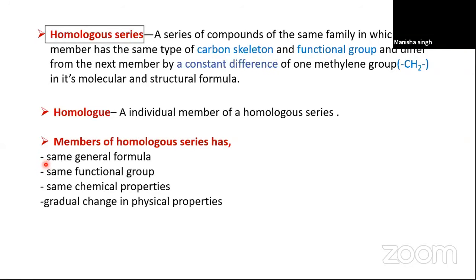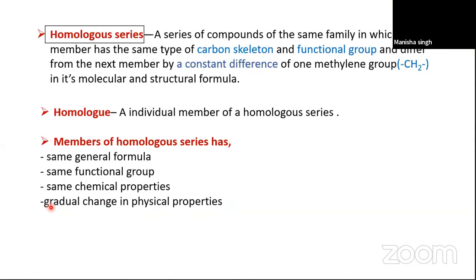Now, same chemical properties. What does that mean? Because they have the same functional group, the reaction will always take place on the functional group, so their chemical properties are the same. Chemical properties are nothing but reactions. Because the functional group is the same, the reactions will also be the same.